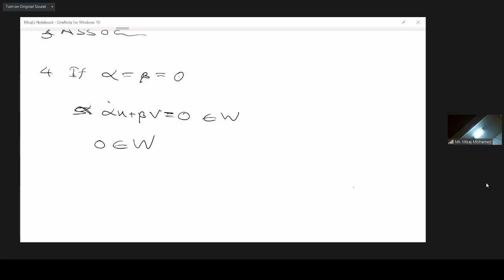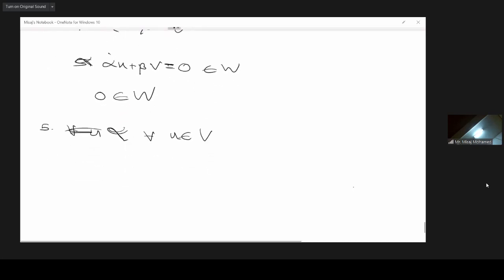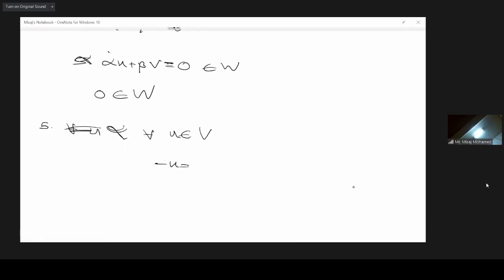Now I have to show the additive inverse. The day before yesterday I proved that for all u in V, a vector space over F, minus u is equal to minus 1 times u.